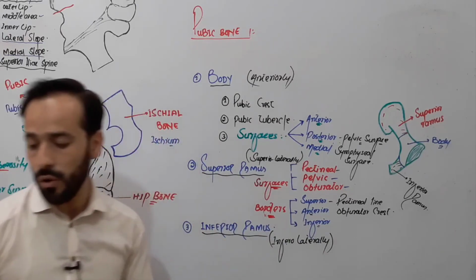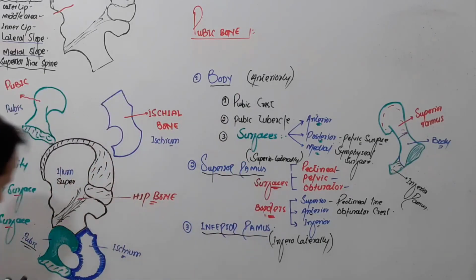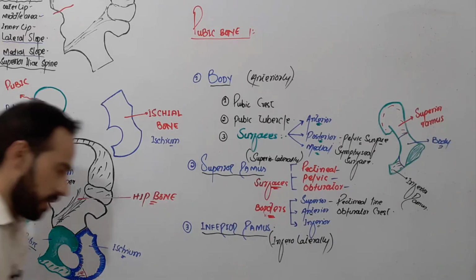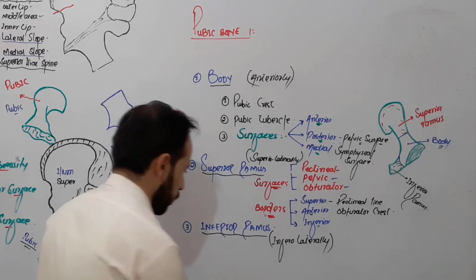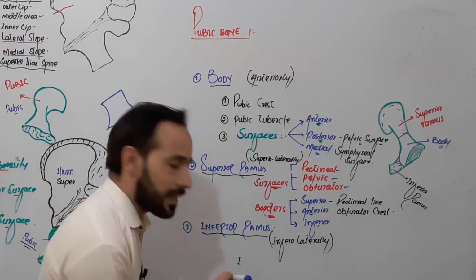The inferior ramus of the pubic bone will join the ramus of the ischial bone, and they will make the ischiopubic ramus. We don't say anything else about it. The book says that it just makes the ischiopubic ramus.